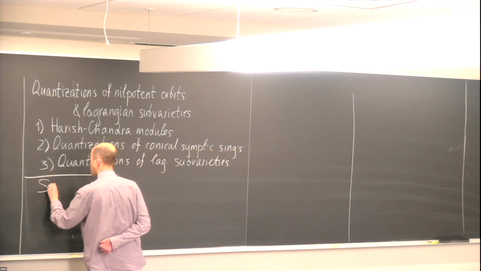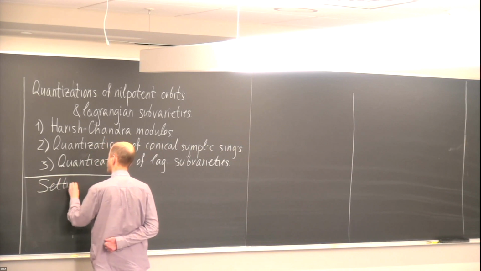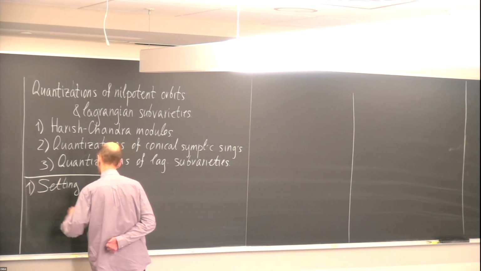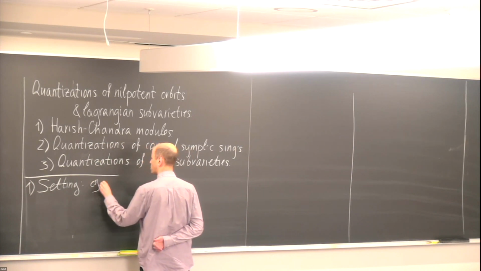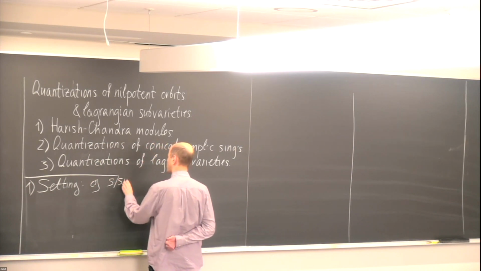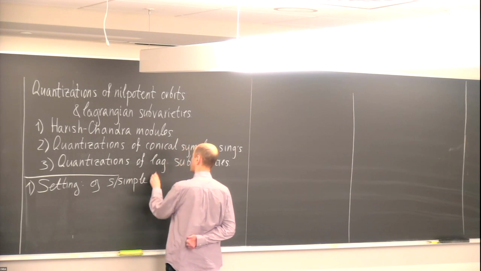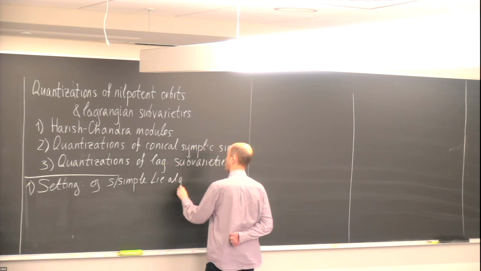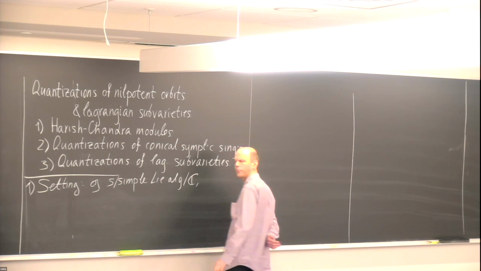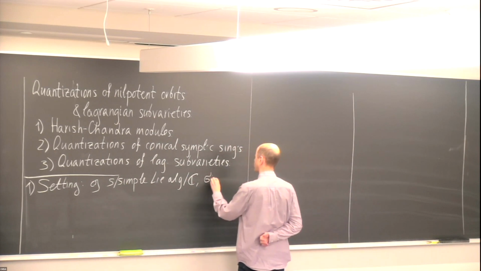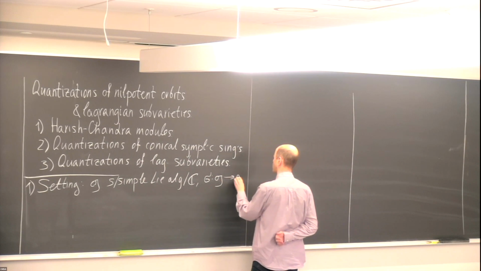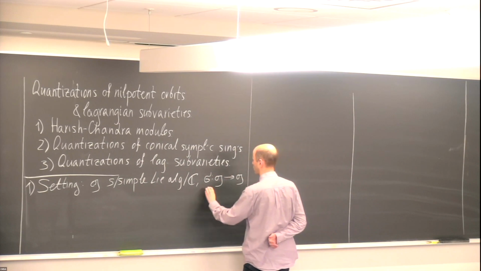Okay. So let me explain the setting first. G is going to be a semi-simple Lie algebra over the complex numbers, and I want to fix an involution of the algebra.